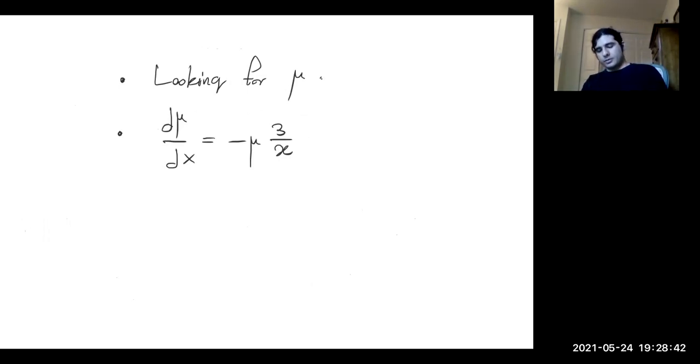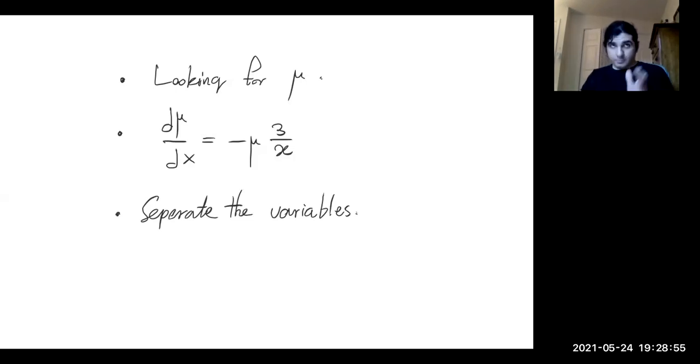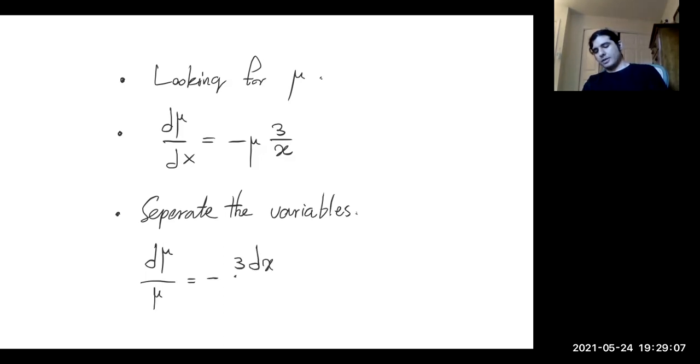Again, what we are going to do is separate the variables. I would take everything which has mu in it to the left side, everything which has x in it to the right side. So d mu over mu would be equal to minus 3 dx over x. Right.